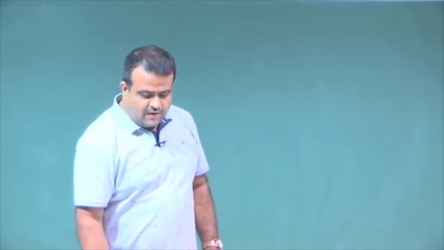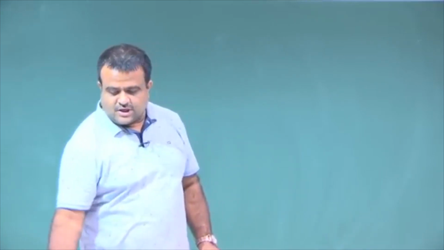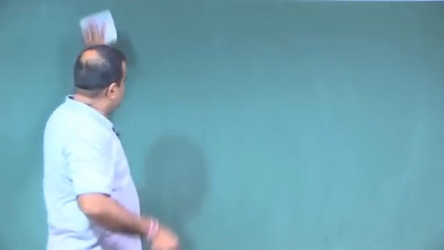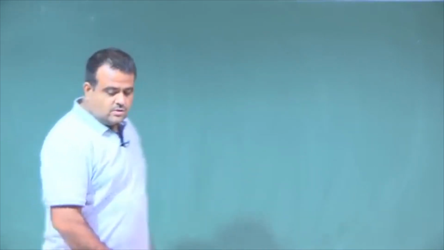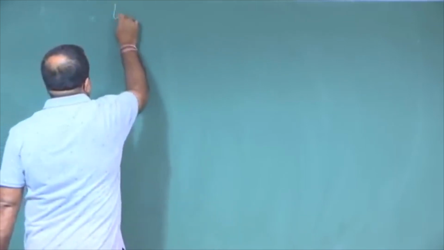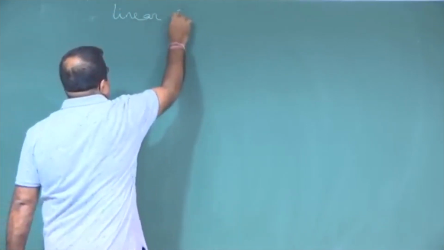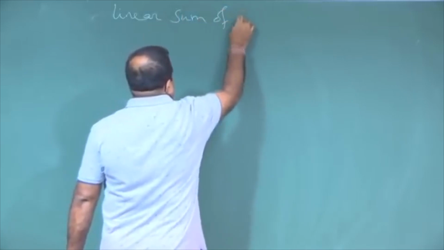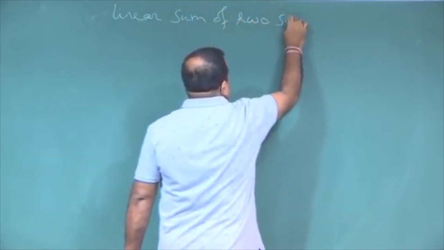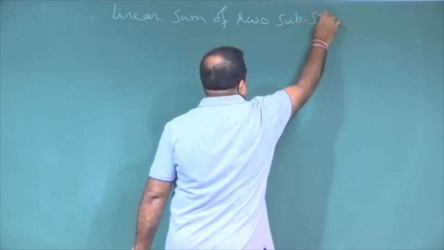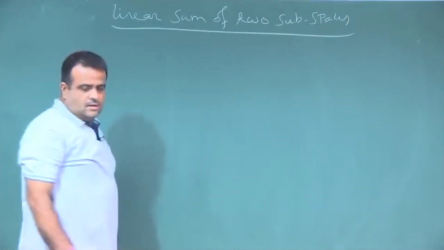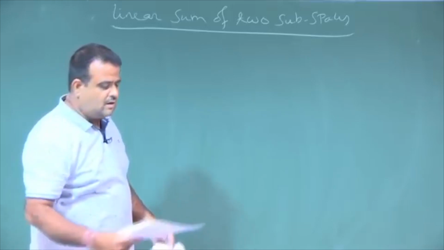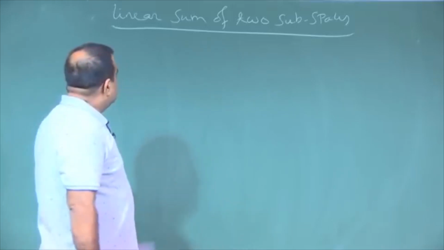Okay. So, now we define a linear sum of two spaces. This is called the linear sum of two subspaces. So, basically how to define this?